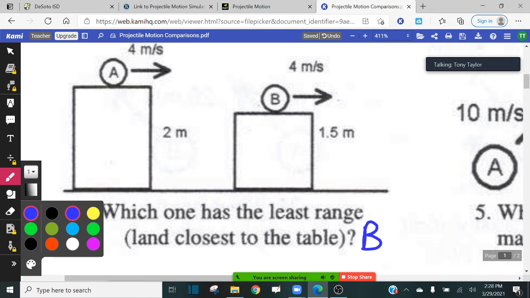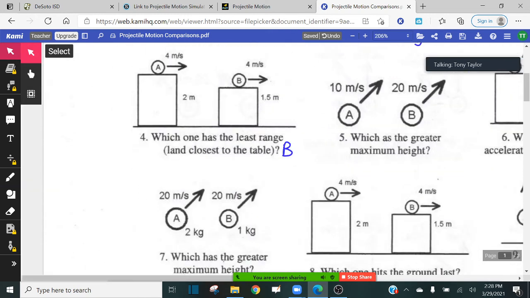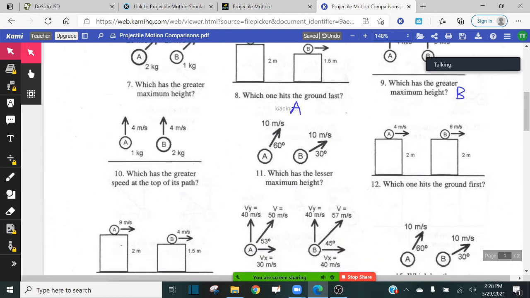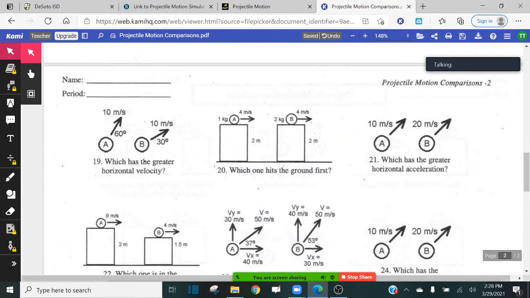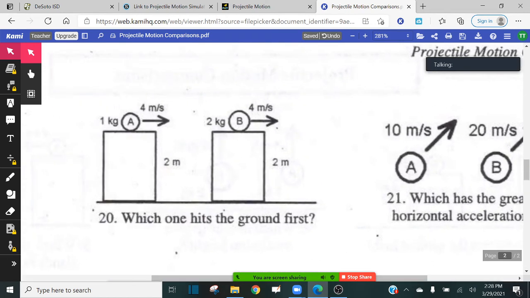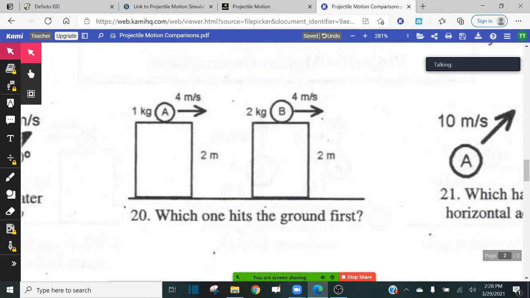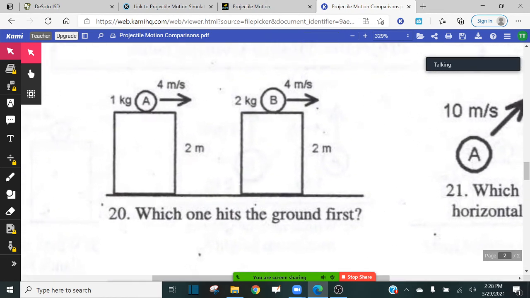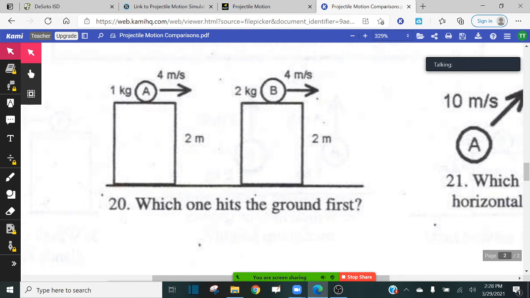All right. I'm going to do a few more. And again, I'm kind of skipping around. Look at number 20. Which one is going to hit the ground first? Well, notice, guys, they're released from the same height. They both have the same speed.